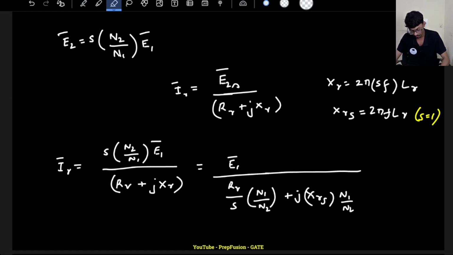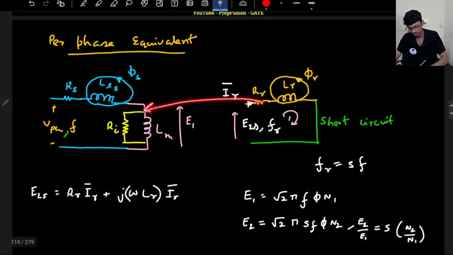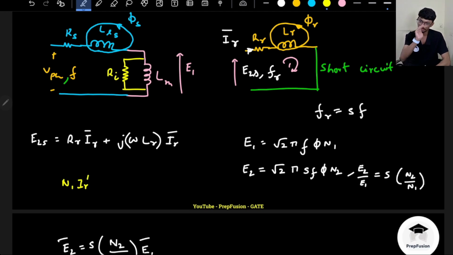Okay. One more thing, this is the rotor current in the rotor itself, but I want to take this circuit to the primary. So one more relationship we have to use is the MMF balance equation. What is the MMF balance? The rotor current flowing in the rotor itself will induce an MMF.